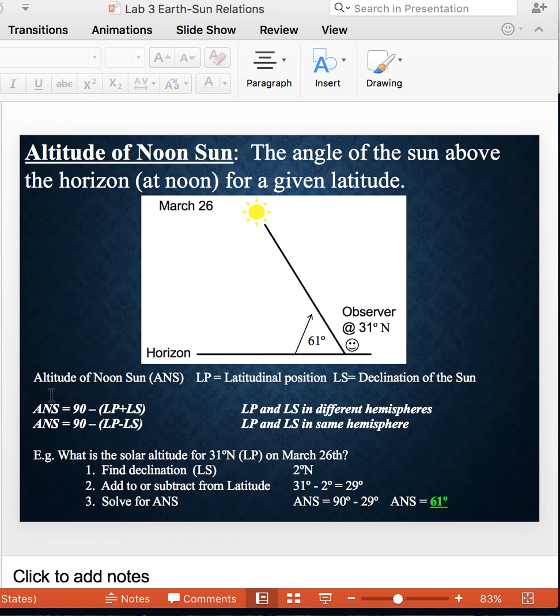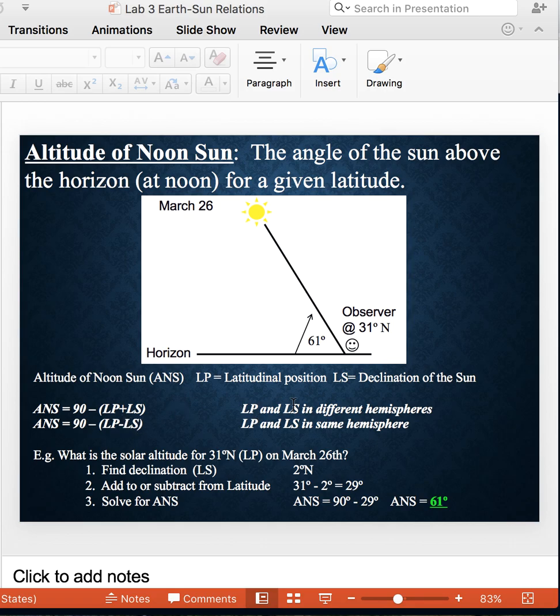LP is your latitudinal position, and LS is the declination of the sun. ANS equals 90 minus LP plus LS, or ANS equals 90 minus LP minus LS.